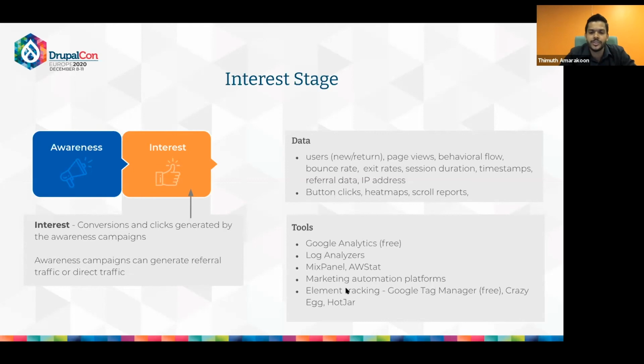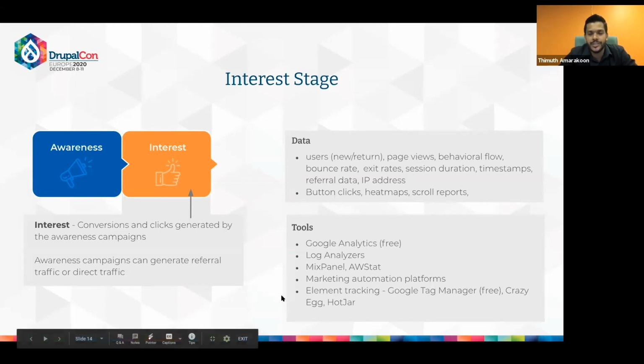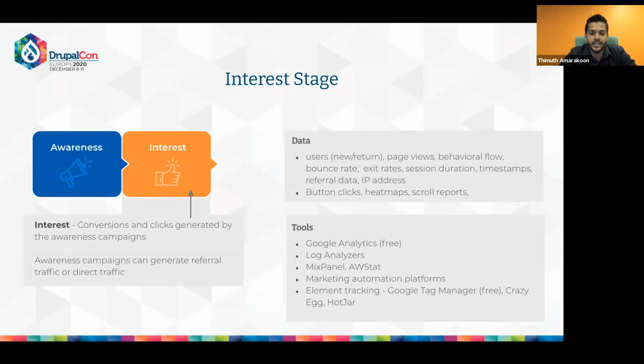For this, you can use element tracking tools like Google Tag Manager, again a free tool, and there are tools called Crazy Egg, Hotjar. So these will track the on-page interactions like the heat maps and how people are scrolling your page, whether they are actually scrolling to the bottom of the page and reading that. So those kind of things you can capture with these tools.